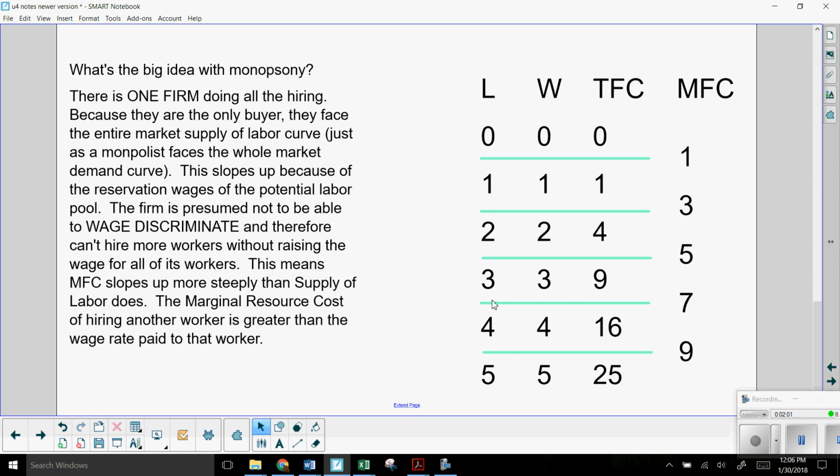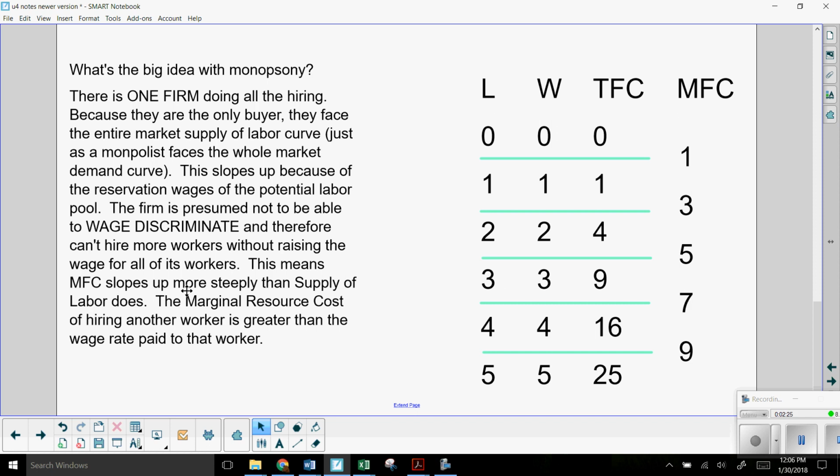So if the firm wants to hire 4 workers, it needs to consult this table and say, I better pay a wage of $4, and then 4 workers will want to work. One will be neutral between working at that wage, and the other 3 are being paid a little bit more than their reservation wage. But they certainly will want to work.